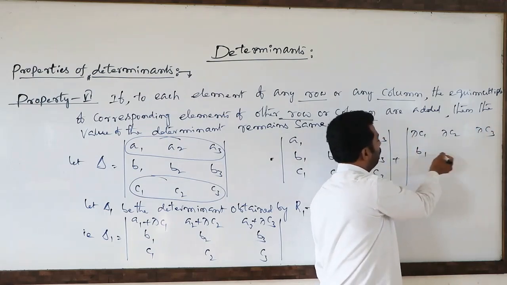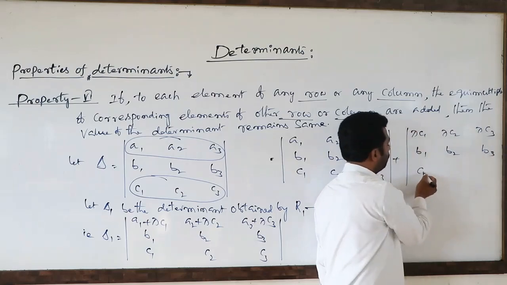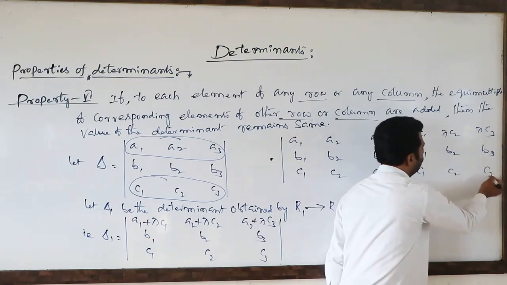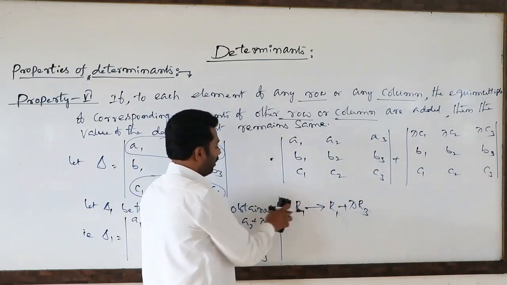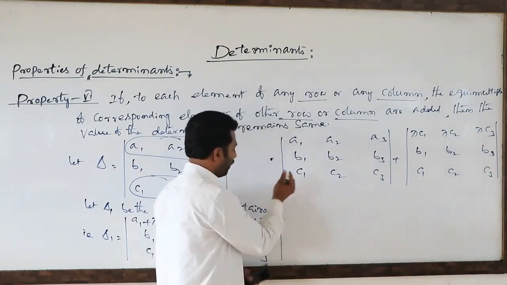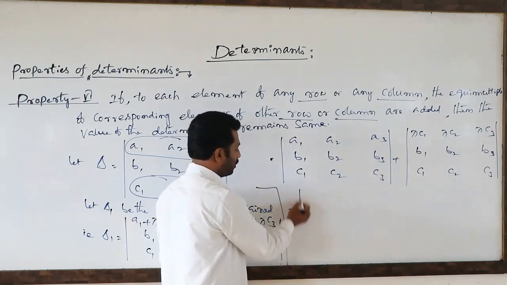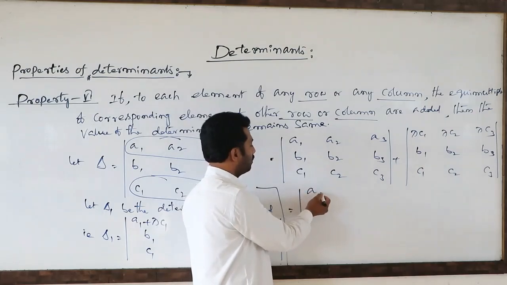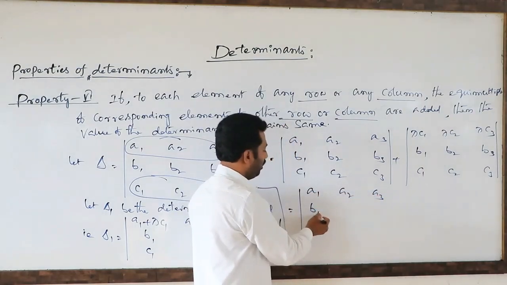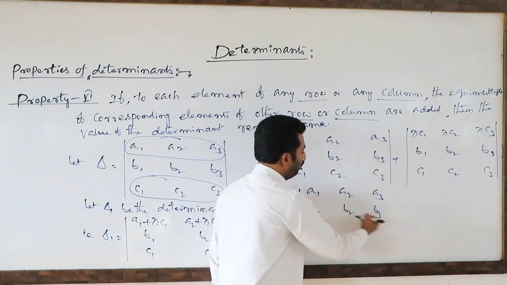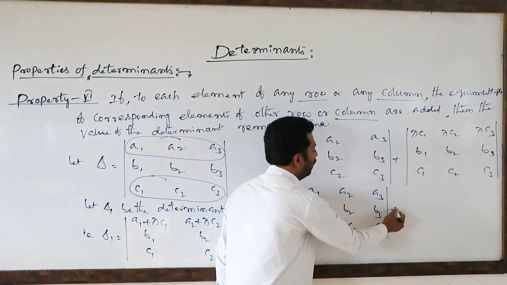Then this is B1, B2, B3, C1, C2, C3. Again this first determinant can be written as, there are no changes: A1, A2, A3, B1, B2, B3, C1, C2, C3.